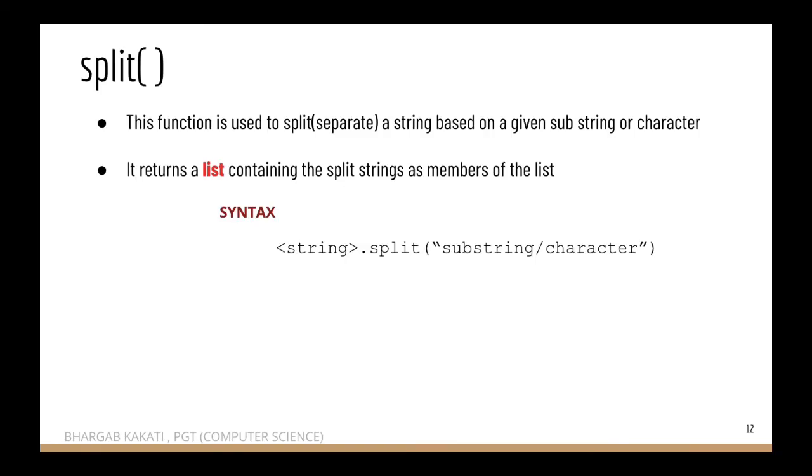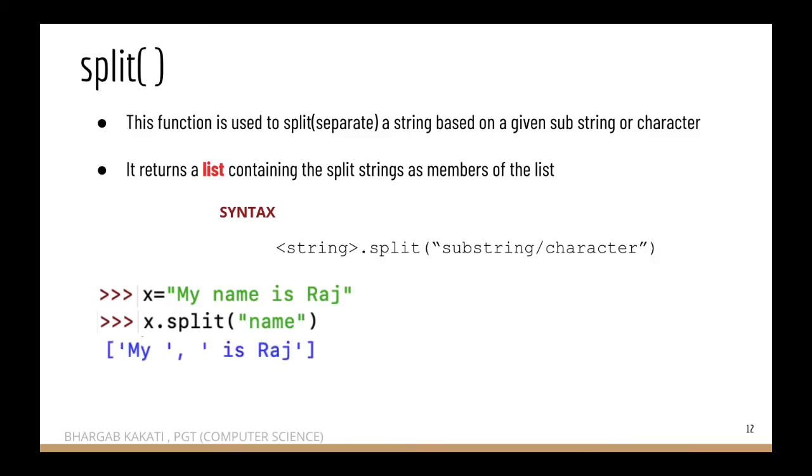The syntax is pretty similar to the partition function, which says string.split, and within braces we need to give the substring or the character. For example, if I write x equals "my name is Raj", then in the next line if I write x.split "name", the string will be split on the substring "name". But here the difference is that in the partition function the separator also came in the output, but here the separator or the substring will not appear in the output.